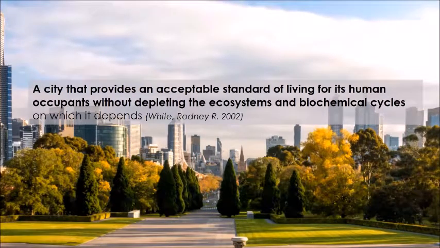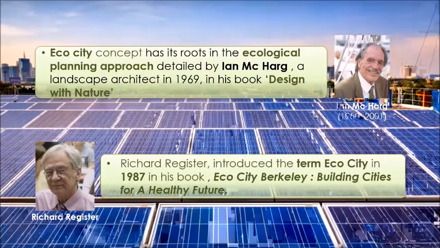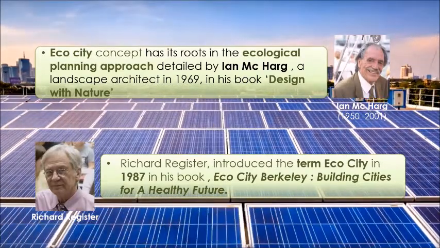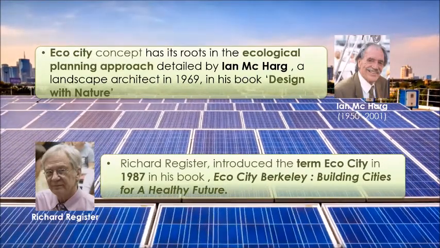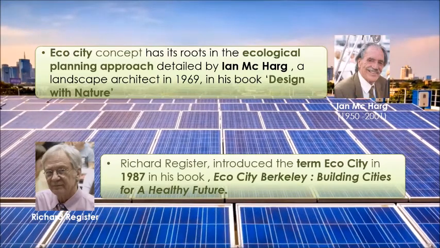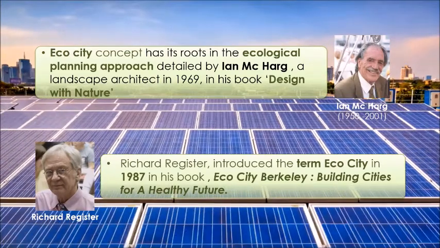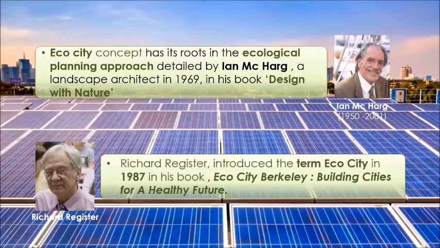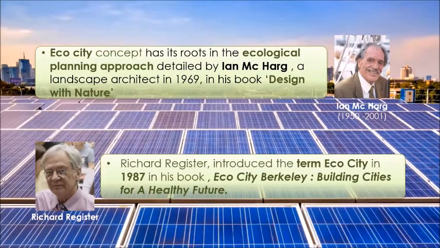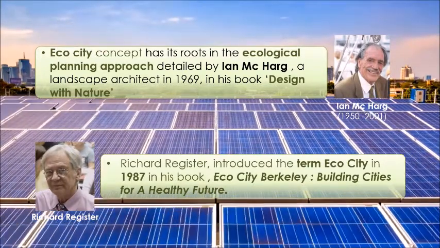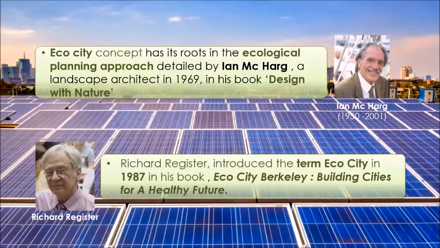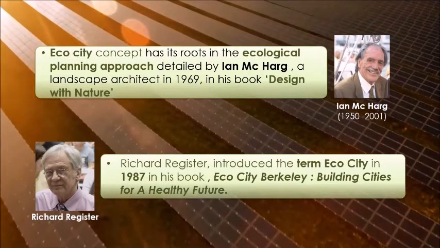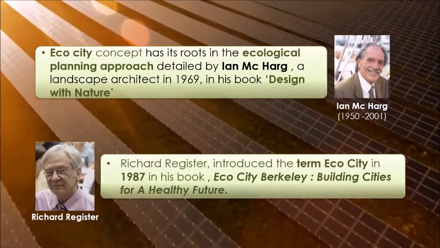Now, where did the eco-city concept come from and when did it start? The roots of this eco-city approach were in the book of Ian McHarg, a landscape architect who in 1969 wrote the book Design with Nature.